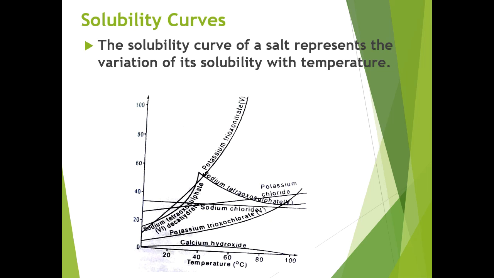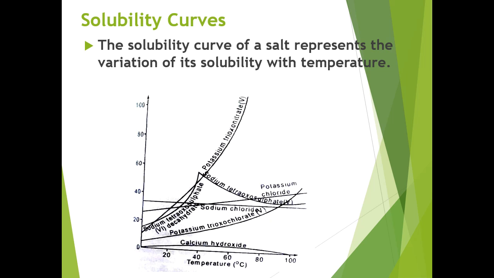Secondly, the solubility of sodium chloride and calcium hydroxide are independent of temperature. Thirdly, the solubilities of potassium trioxochlorate 5 and potassium trioxonitrate 5 increase rapidly with increase in temperature. Fourthly, the solubility of potassium chloride increases at a constant rate with the rise in temperature.